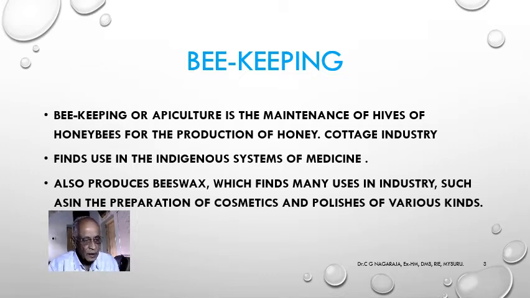But today, it has become a big industry. There are so many industries producing tons of honey for various types of human consumption. And therefore, the beekeeping industry has become one of the most important industries in our country.